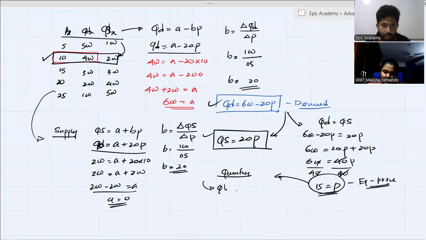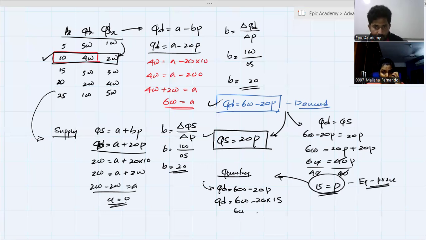QD equals 600 minus 20P. So QD equals 600 minus 20 multiplied by 15, and 20 multiplied by 15 is just 300, isn't it? Yes. 600 minus 300, QD equals 300.